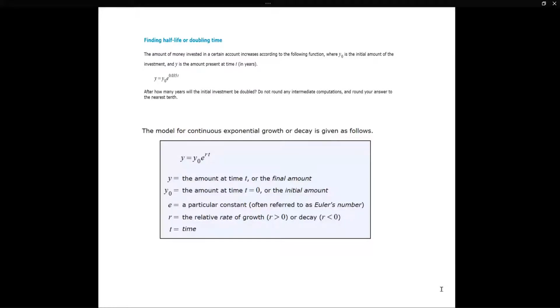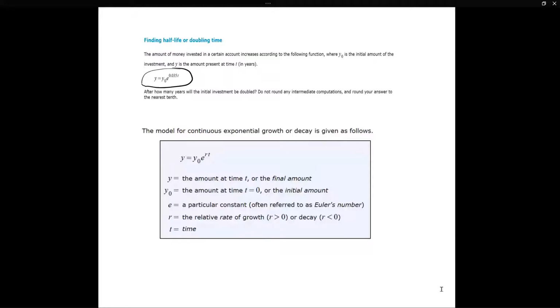Just to explain, the amount of money invested increases according to the following function, which is this one here, where y0 is the initial amount. I posted this here, and it explains the whole thing. So y is the amount at a time t.